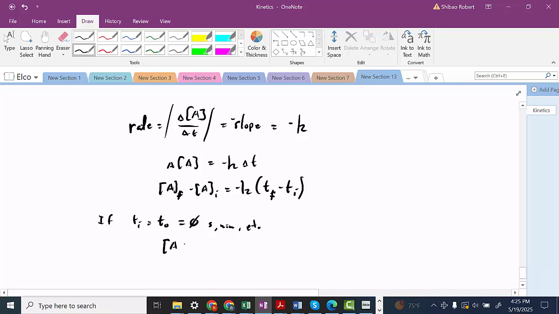This is going to be A at time final minus A at time 0, so that's our initial, is equal to minus K times T final minus T initial. T initial is just going to be 0. We're starting the clock at 0. And so this is going to simplify into this. A at time final, or A at time T, is equal to minus K T final plus A at time 0.